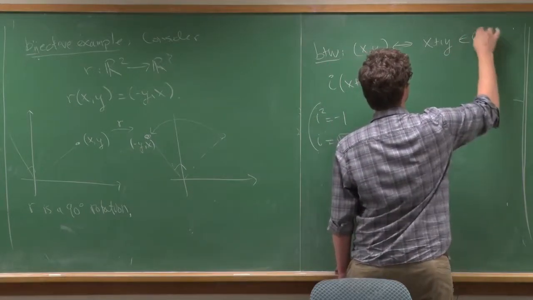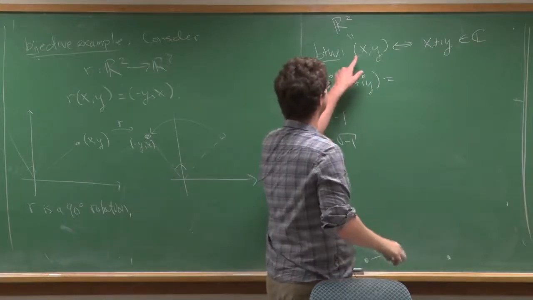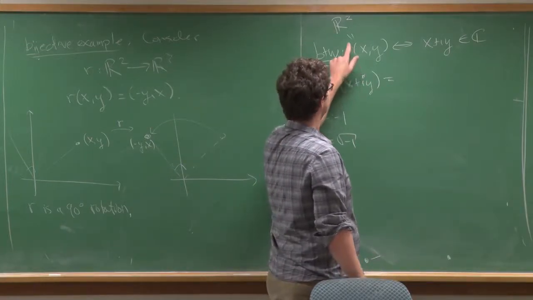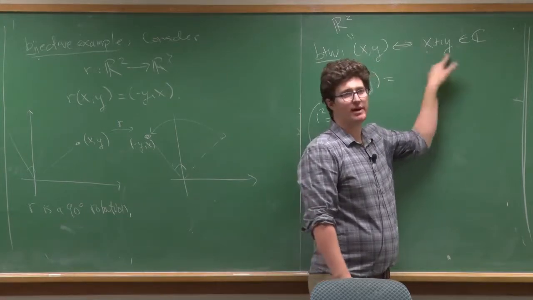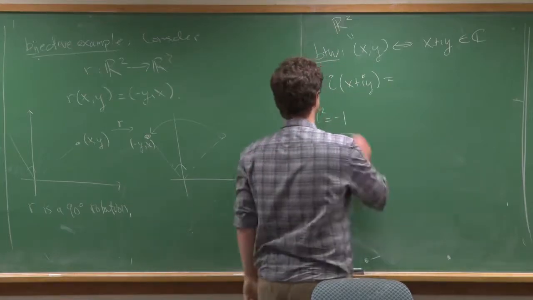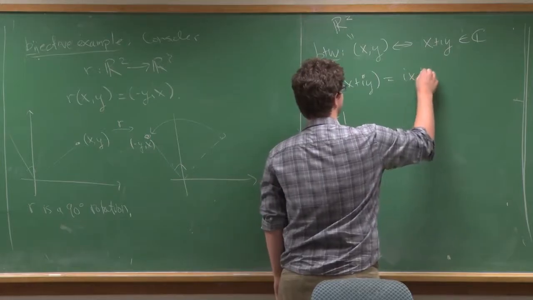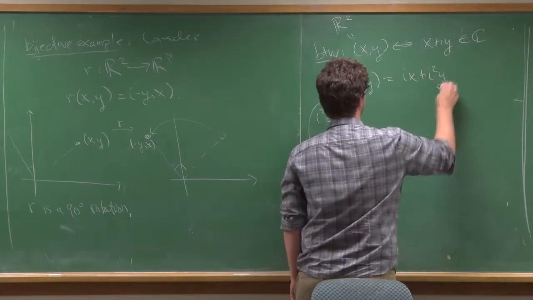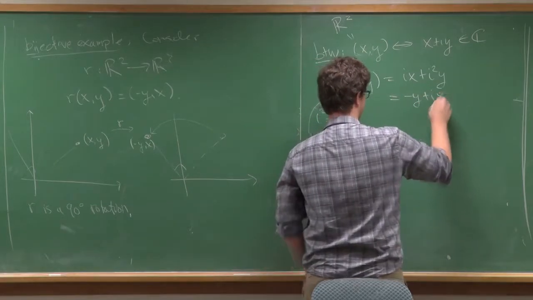So this establishes a bijection between R² and the complex numbers. And if I multiply i times this number, this is ix plus i squared y, and so this is equal to -y plus ix.